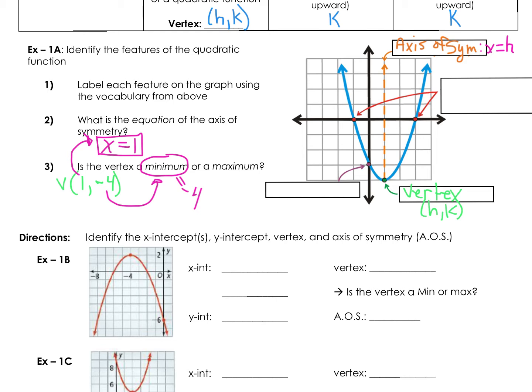Then the other items that are left on here, so let's look at this right here, it is crossing the y-axis, so that is our y-intercept. And your y-intercept is always going to be (0, y), whatever that y value is. And then the ones that we have not talked about would be these two items here, which are our x-intercepts.